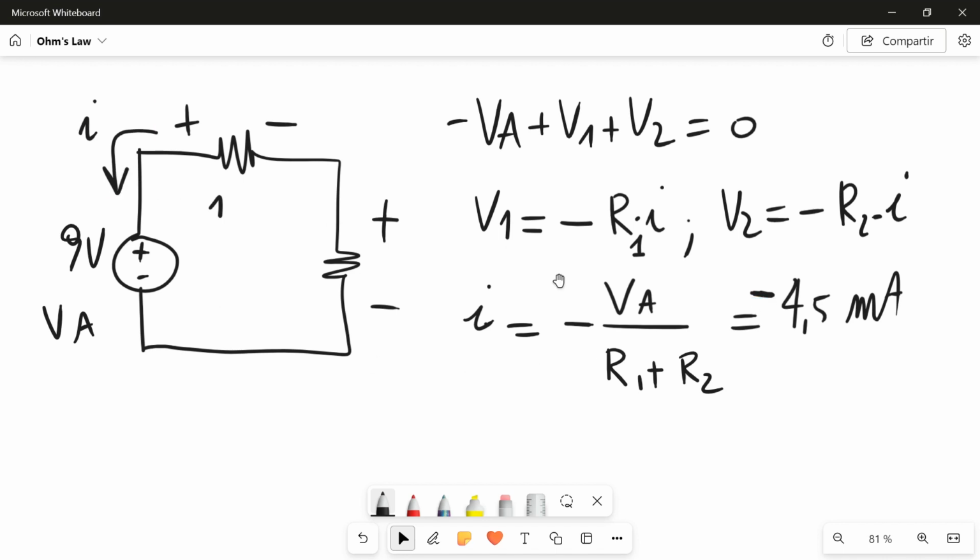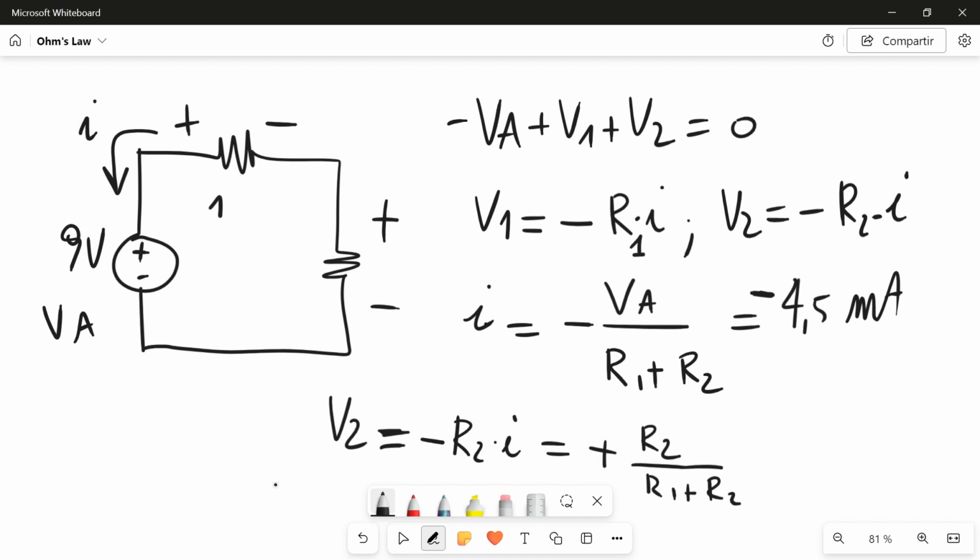It's relative. So in this case, I also have that V2, with the convention of Ohm as stated before, is equal to minus R2 times I, which will be equal to plus R2 divided by R1 plus R2 times VA, which is again 4.5 volts, because we still measure the voltage in this sense and we have the same value as before.